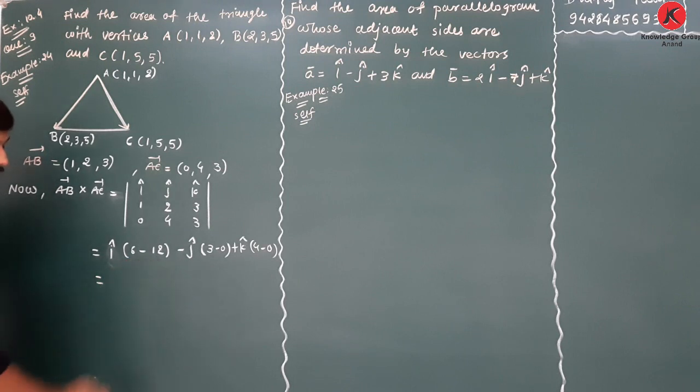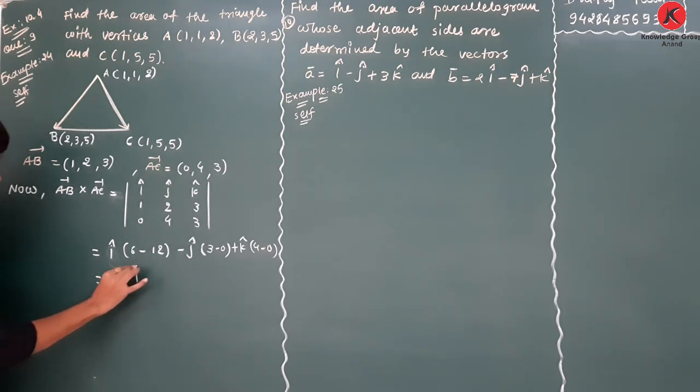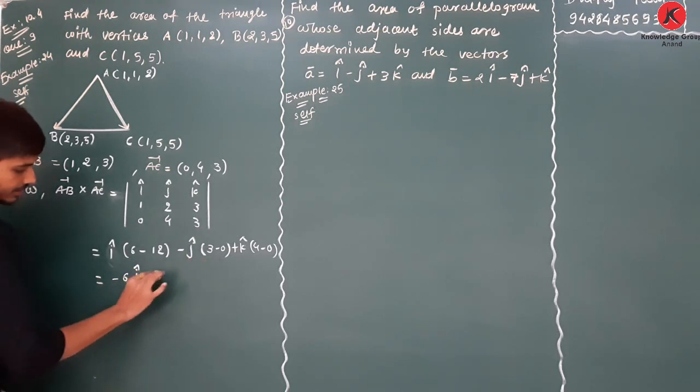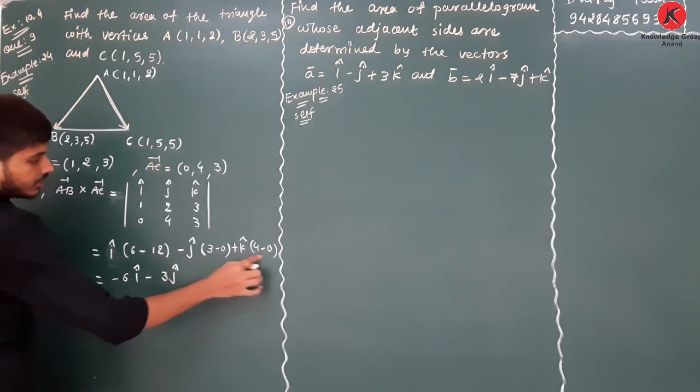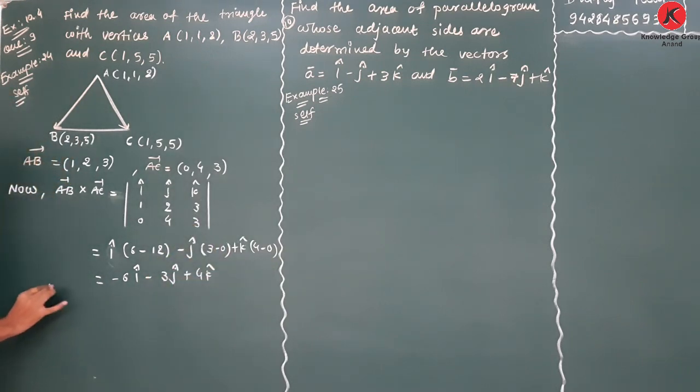Simplification: 6 minus 12 is minus 6 i cap, minus 3 j cap and plus 4 k cap here. This is AB cross AC.